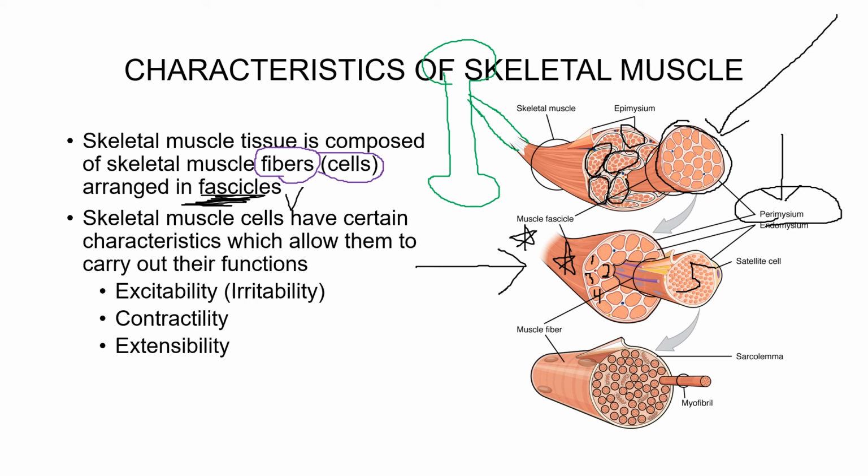And then last but not least, a muscle fiber or a muscle cell also has a protective coating around it. Each individual muscle cell has its own little coating, tiny little collagen fibers protecting it, and that's going to be called the endomysium. And endo means inner, inside, or within, right?